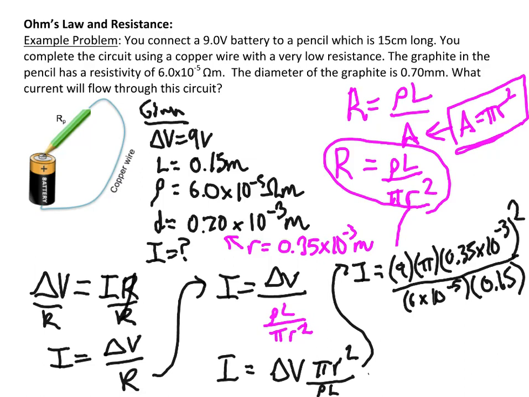So 9 times pi times 0.35 times 10 to the negative 3 squared, divided by 6 times 10 to the negative 5 and divided by the 0.15 as well. And what we get is a current of 0.38 amps. And that is the current that would flow through that wire.